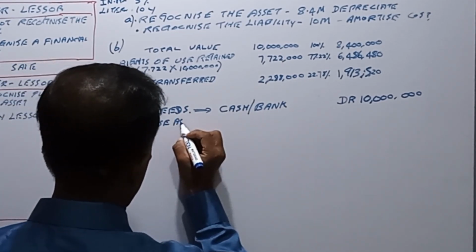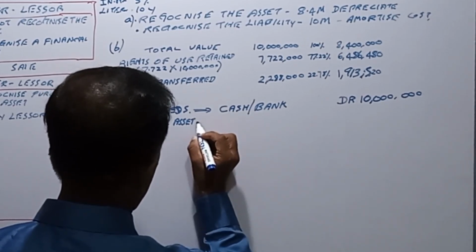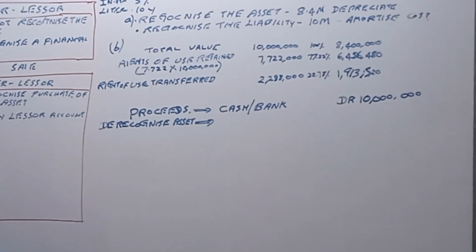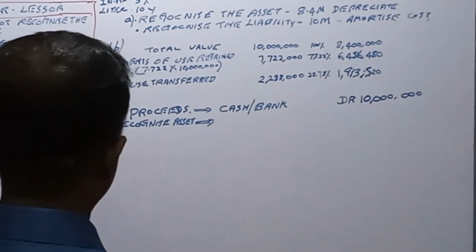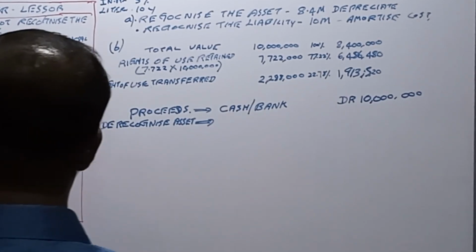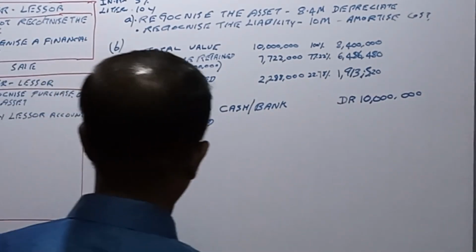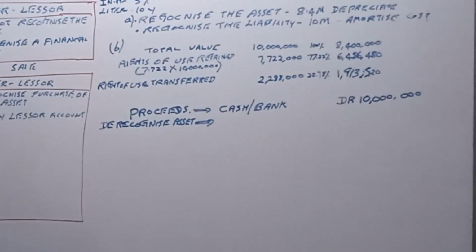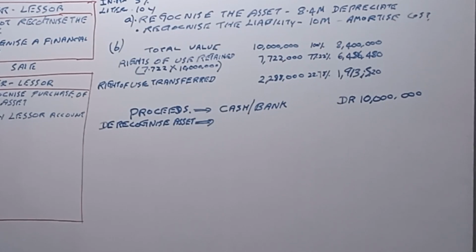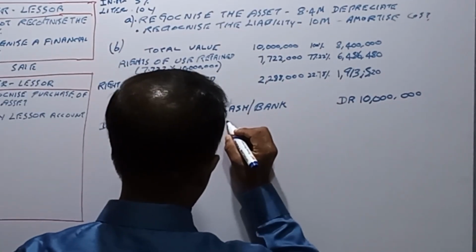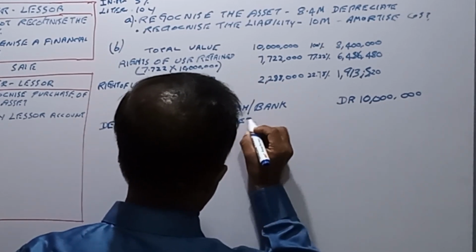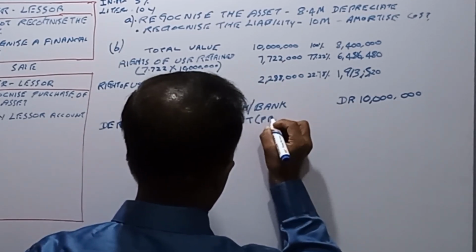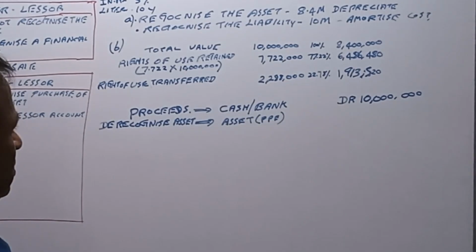How do you de-recognize the asset? That is the asset account, property, plant and equipment account.